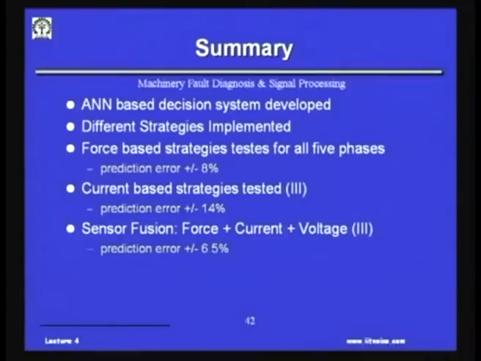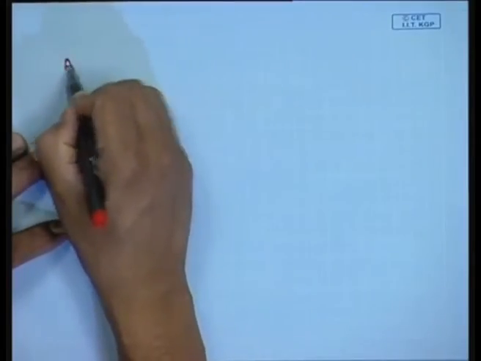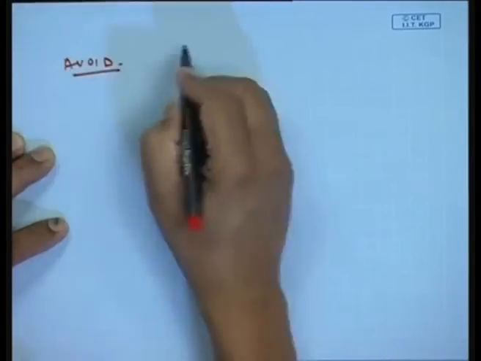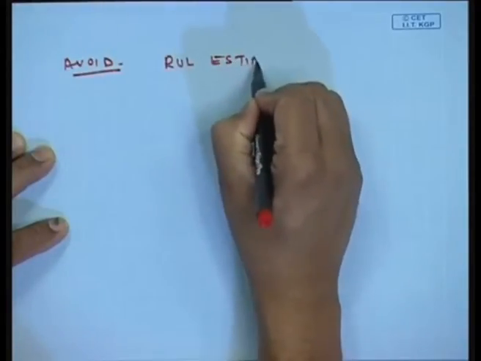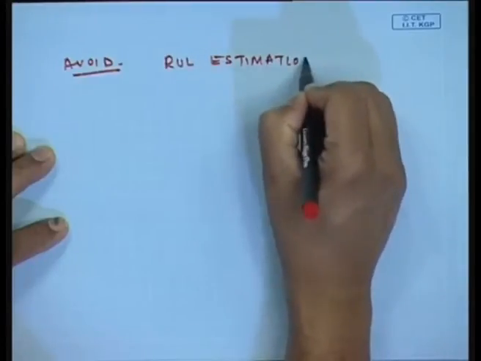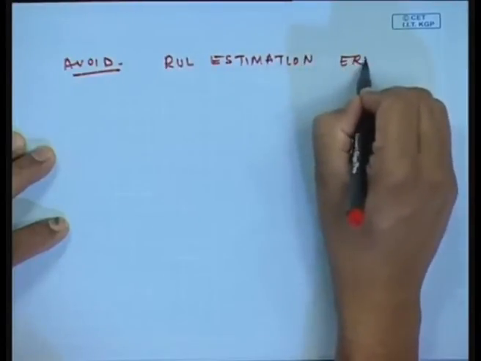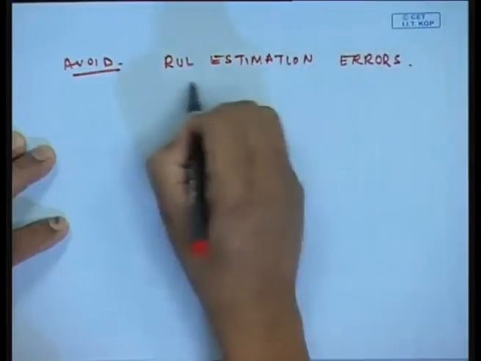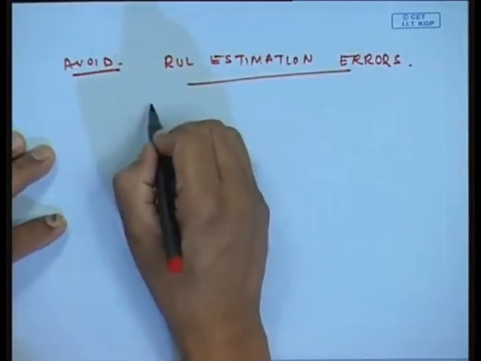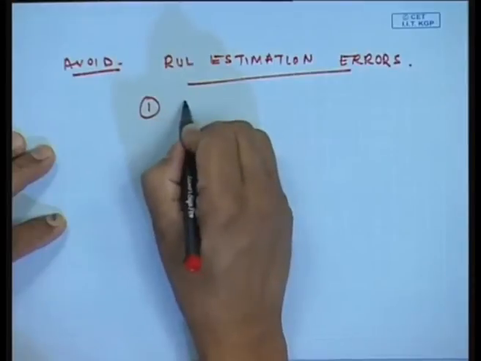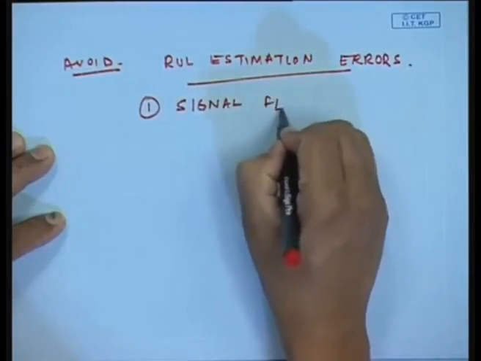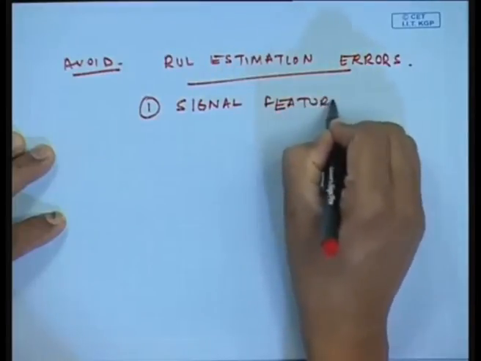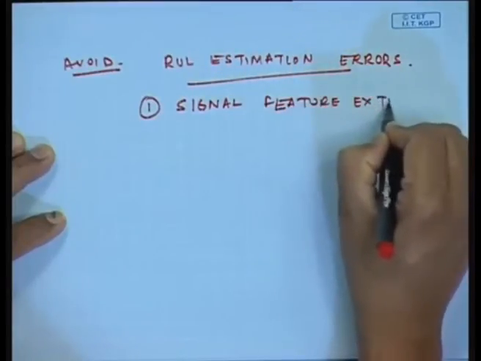Now to avoid RUL estimation errors, we did a couple of things. We did signal feature extraction.